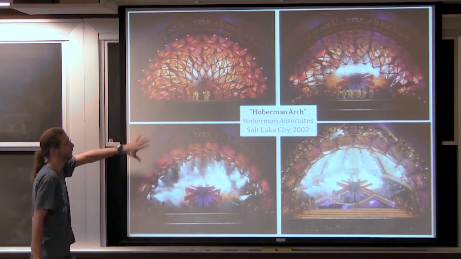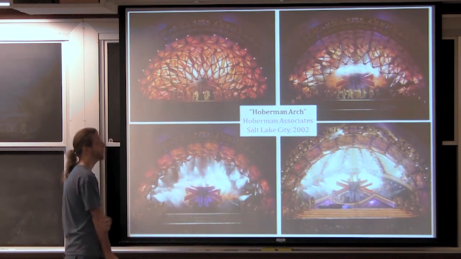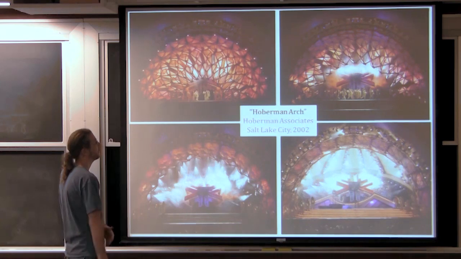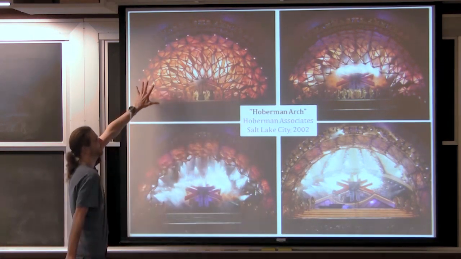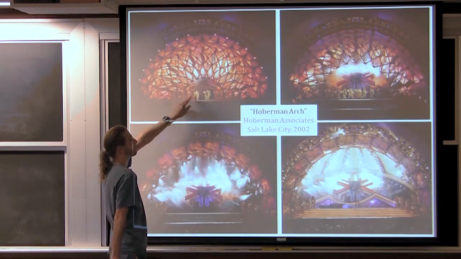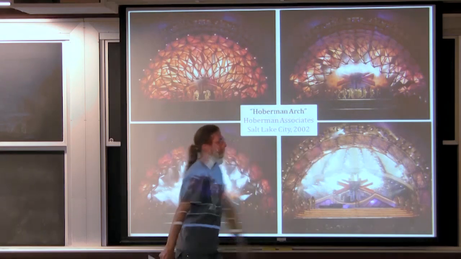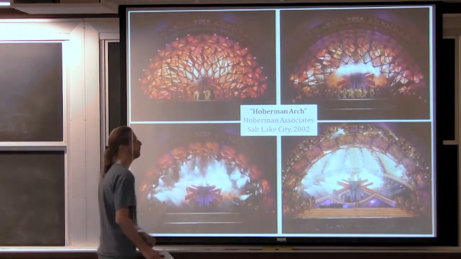This is one example from his company, Hoberman Associates, from the Winter Olympics at Salt Lake City, 2002. It's very dramatic. You have this folding structure that can almost completely close up, except for a little circle here. And when it opens up, you've got the huge stage. You can see the scale of people.